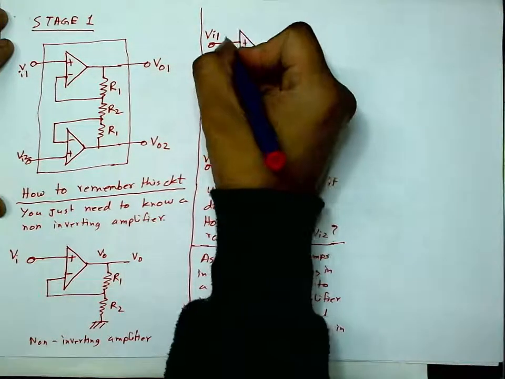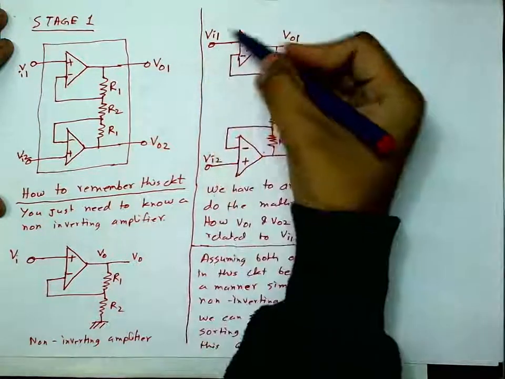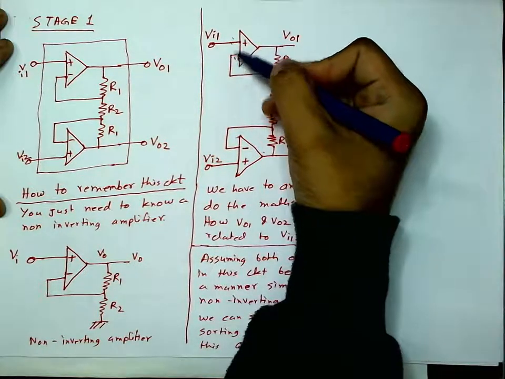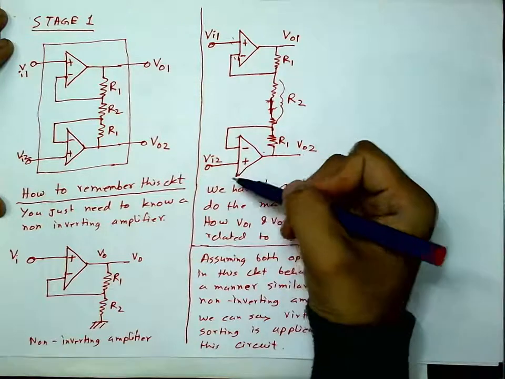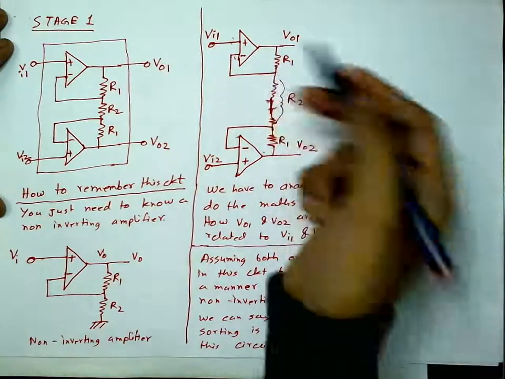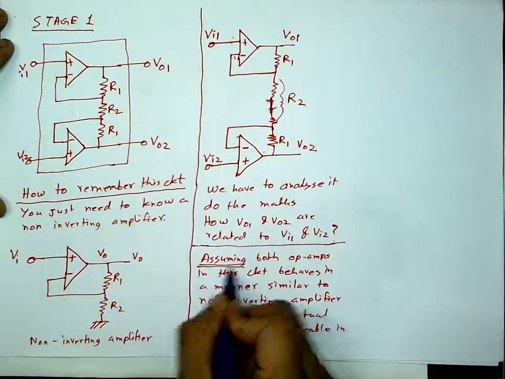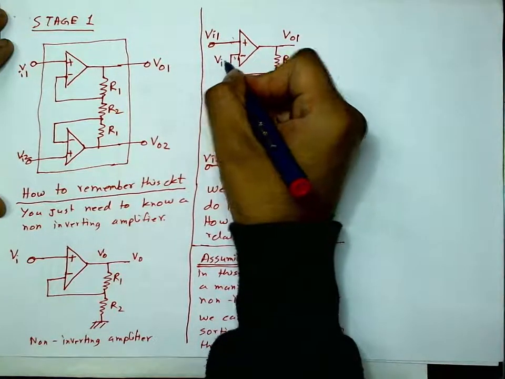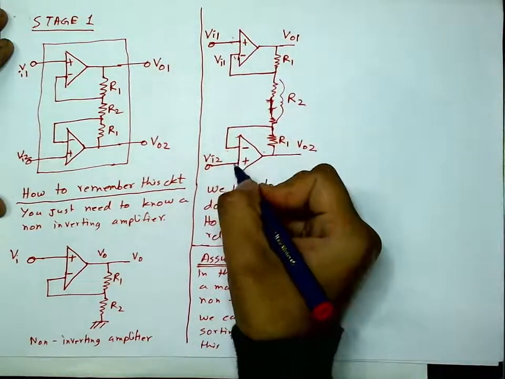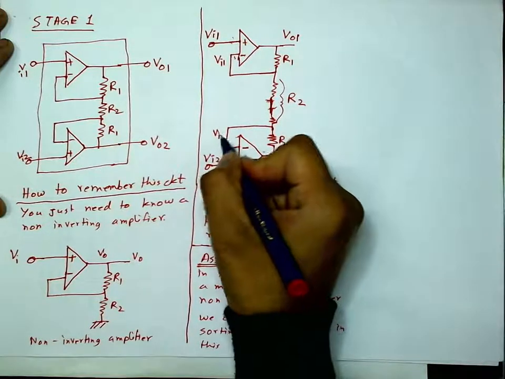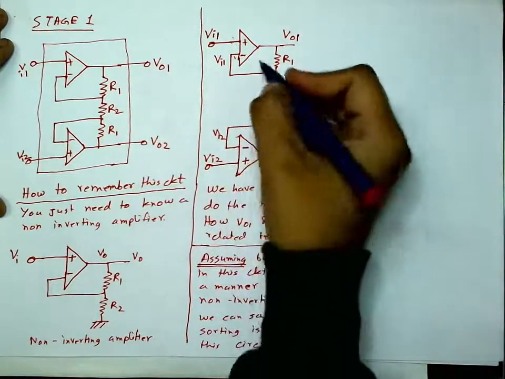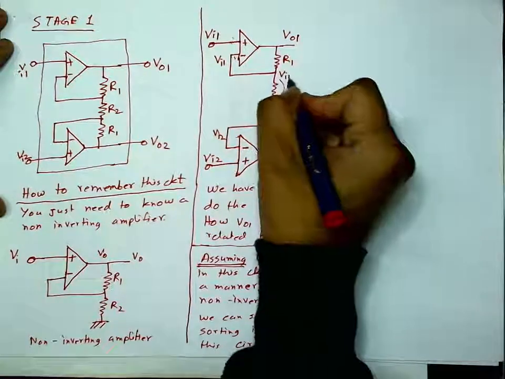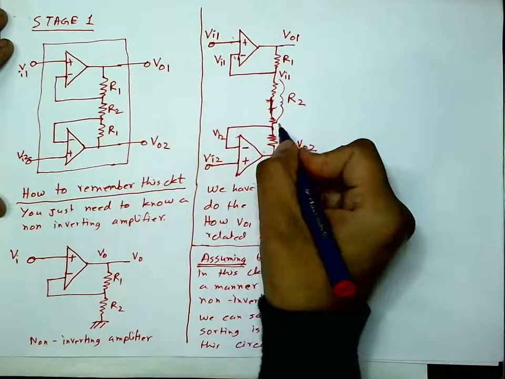If so, then these two terminals will be at the same potential because of this assumption. So this will be Vi1, this will be Vi2. If so, this point is at Vi1, this point is at Vi2.